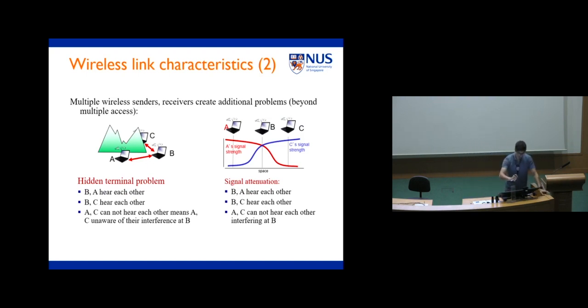So we also have another challenge caused by interference. In this scenario here, on the left, we have three nodes. We have A trying to communicate with B, and we also have C trying to communicate with B. Well, typically, just like what humans do, when we are in a room, in order not to speak at the same time, we usually wait for each other's speech and then start talking.